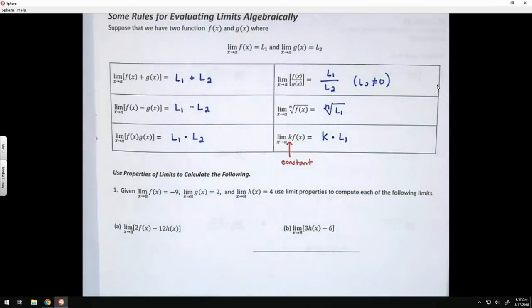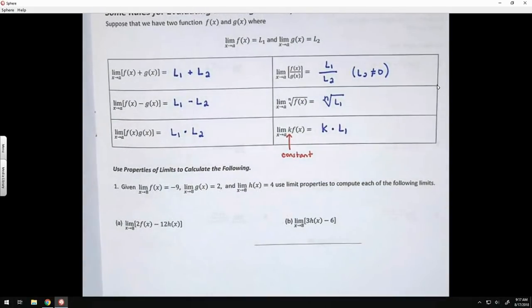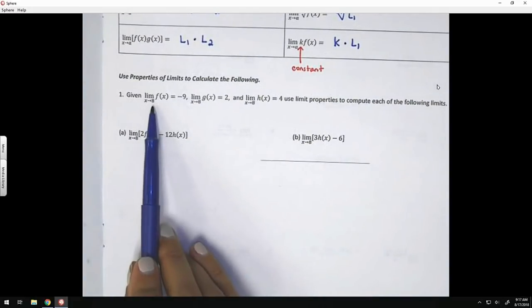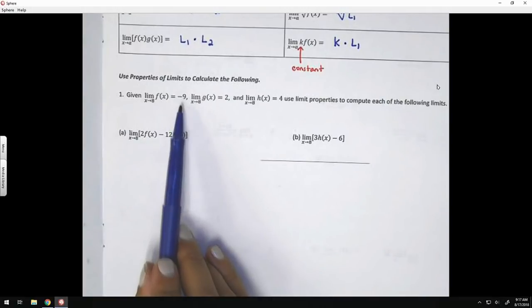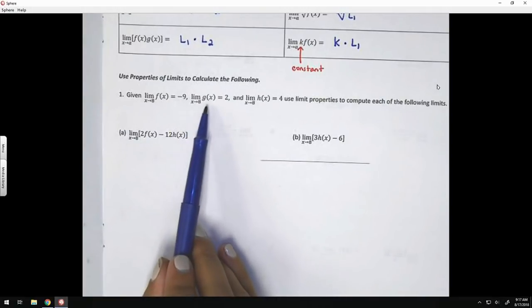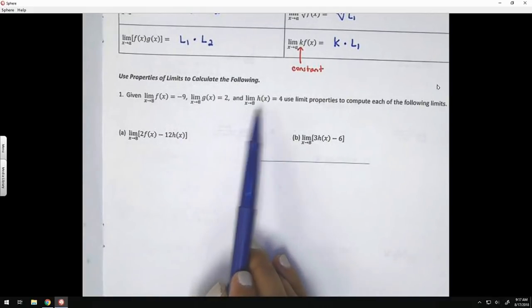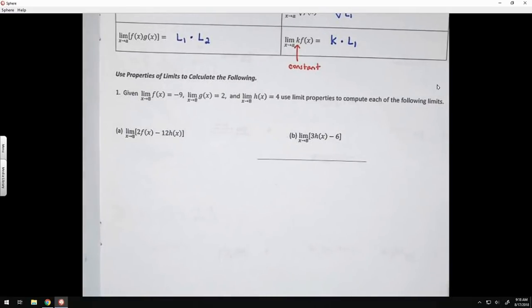So basically, if you know the answers for the originals, you can do arithmetic with those answers to get new numbers. For example, given that the limit as x approaches 8 of f(x) is equal to -9, the limit as x approaches 8 of g(x) is equal to 2, and the limit as x approaches 8 of h(x) is equal to 4, use limit properties to compute the following limits.